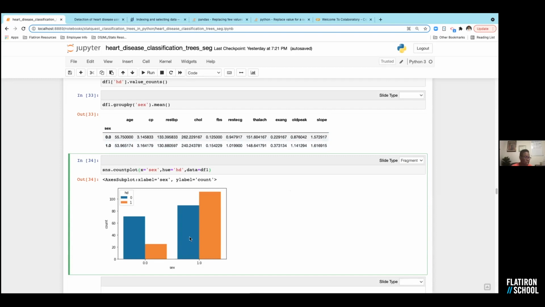You see clearly the ratio of heart disease. Oh, wait, somebody's saying more women. No, I think it's male. This is male, right? And of the male, these are the ones that have heart disease, and of the female, these are the ones that have heart disease. So clearly, as far as the balance or imbalance is concerned, more men in this data set at least have heart disease than those who don't.